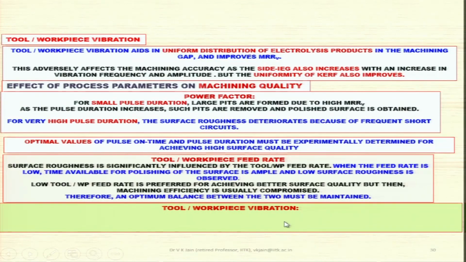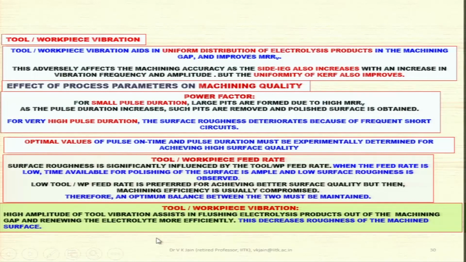Tool workpiece vibration: high amplitude of tool vibration assists in flushing electrolysis products out of the machining gap and renewing the electrolyte more efficiently. This decreases the roughness of the machined surface.